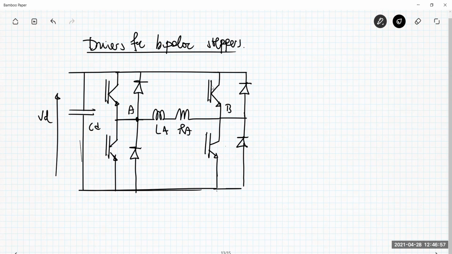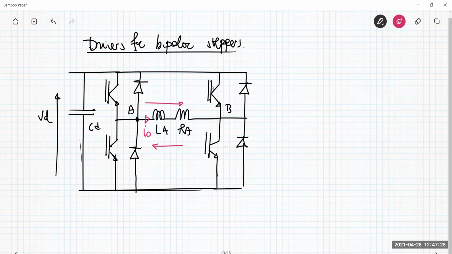As you can see, by using this four-quadrant converter, I can have a current flowing here that can be positive, flowing in this direction, but can also be negative, depending on the duty cycles, dA and dB, of the two legs. And this can be employed for driving a current in both directions in the phases of these steppers.